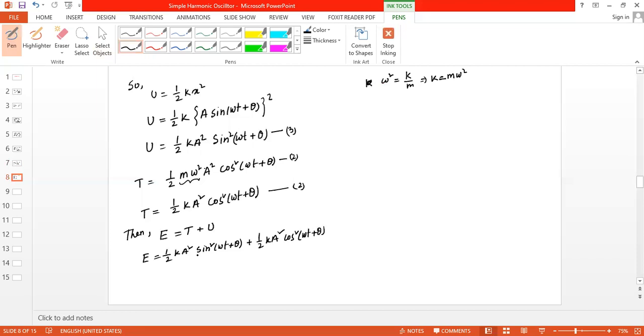See here, 1/2 k a square is a common term. If we take it common, I get sin square plus cos square, which is equal to 1. So energy equals 1/2 k a square. Here k is a constant and a is the amplitude, which is also a constant.